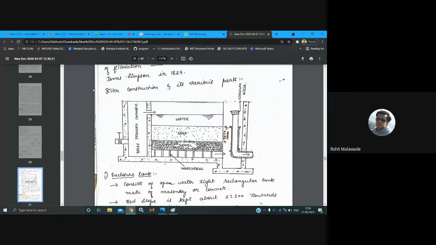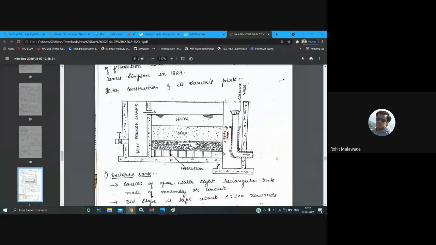The process is simple. The water will come from here and pass through the sand and a layer of gravel, and then through the under drains. From the under drains, the water will get collected at the central drain. As the water level increases, it is going to be collected from the circular weir, and it is going to be collected outside.